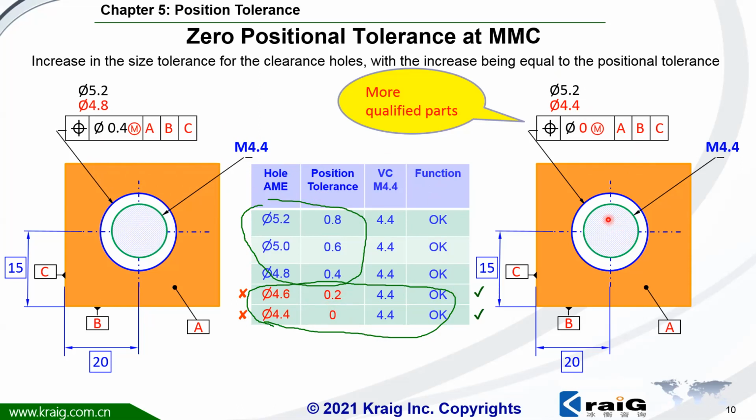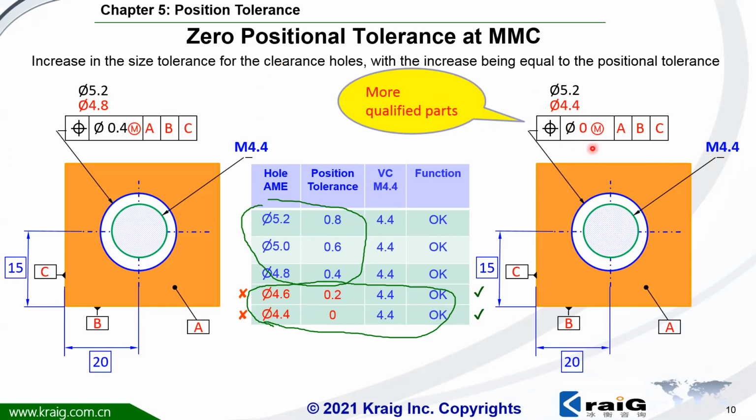They both can guarantee that M4.4 could be mounted into the hole, with reference to B and C at basic dimension. So the function is the same, but the qualified part count is different. From this point of view, we would recommend using this instead of this, and you're going to have more qualified parts.